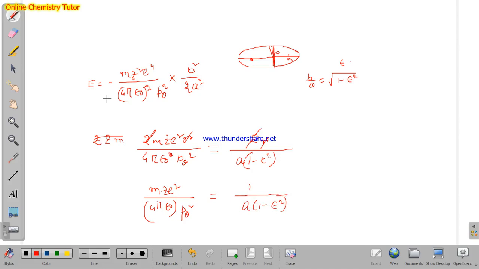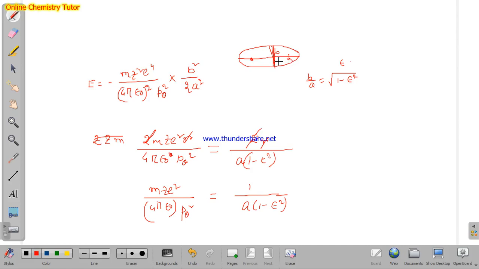Now from this relation we have to calculate the values of b and a. This is our prime goal, so that we can take the values of b and a, calculate the major axis and minor axis, and describe the shape and size of the atomic orbital from there.